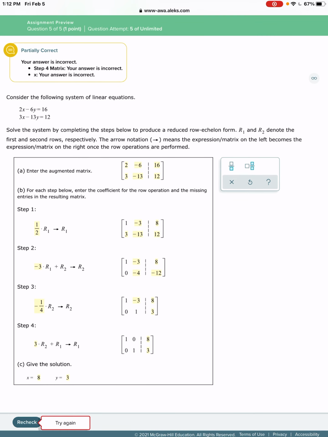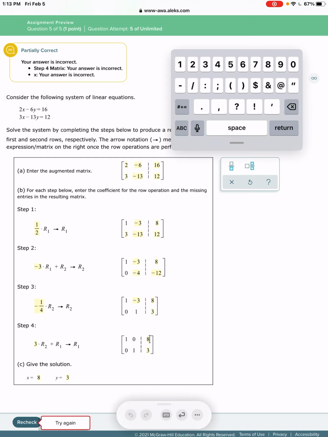I multiplied by 3 and added it. I'm thinking this is going to be a different number. I did the bottom times 3, which is 9, plus 8 is 17.